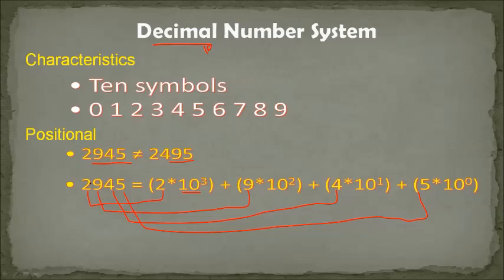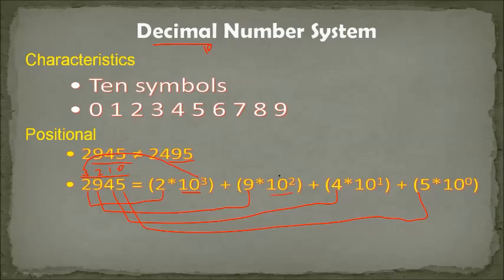Before writing that, I will write the positional values of these numbers: 0, sorry, bear with my handwriting, 1, 2, and 3. Now, based on this, check: 2 into the base value 10, power of what is the positional value of 2 now? 3. Write that, so the value comes over here. Same way, the second value: 9 into the base value.